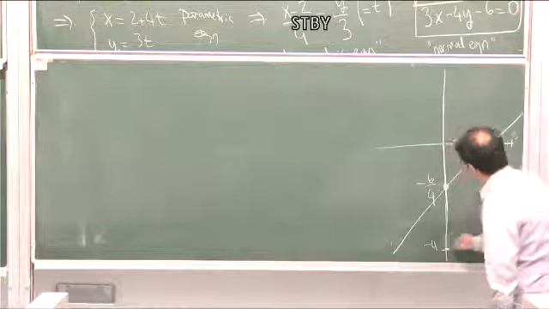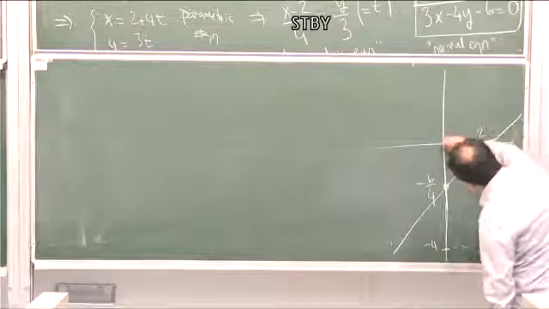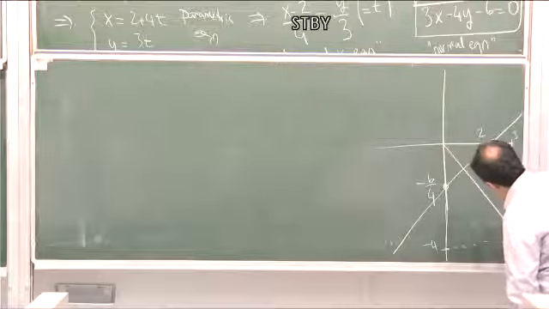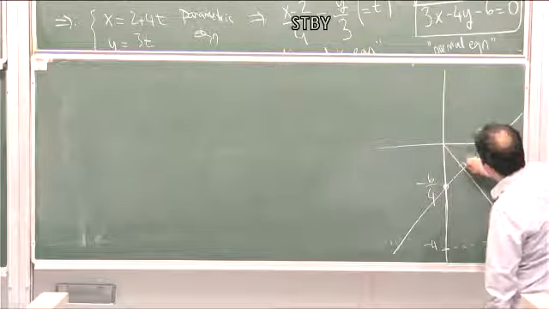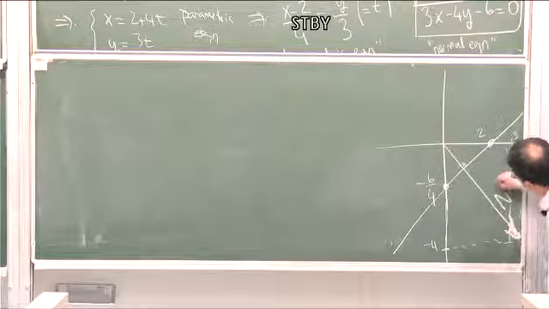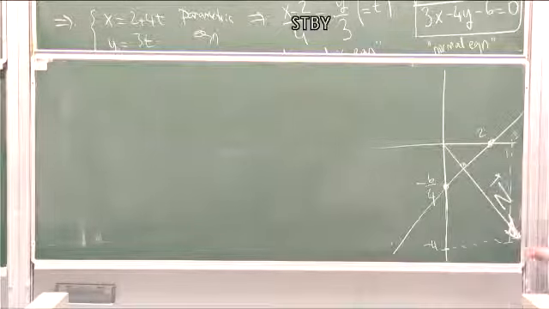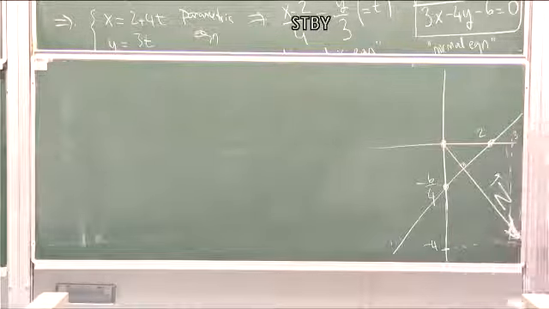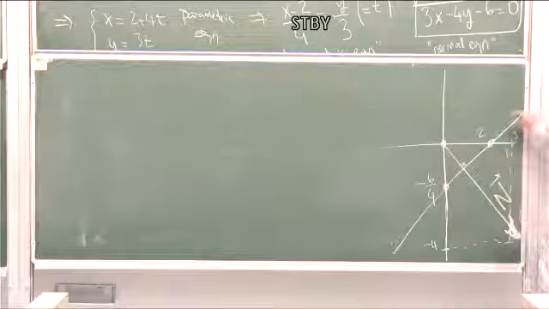So the vector (3, -4) will be somewhere here. This vector is now n. I draw it from the origin, but it doesn't matter; I could have sketched it anywhere. Anyways, so this is my line.